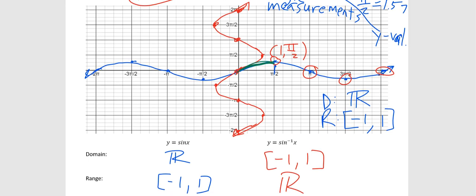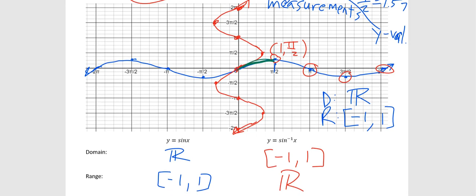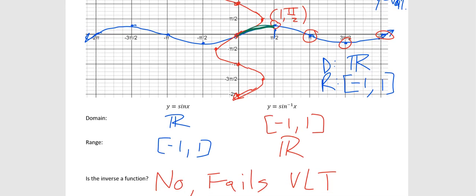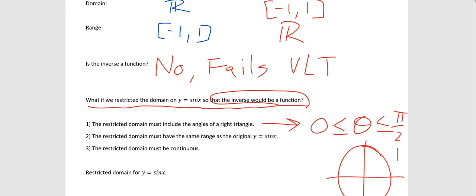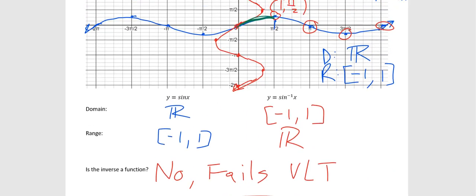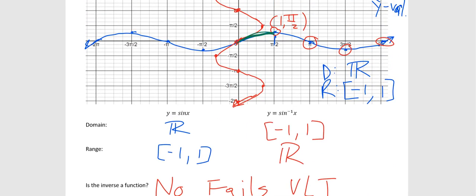We're looking at the original sine wave, and we're trying to make a decision based on these 3 criteria. Next, the restricted domain must have the same range as the original sine function. So the original sine function had -1 to 1.